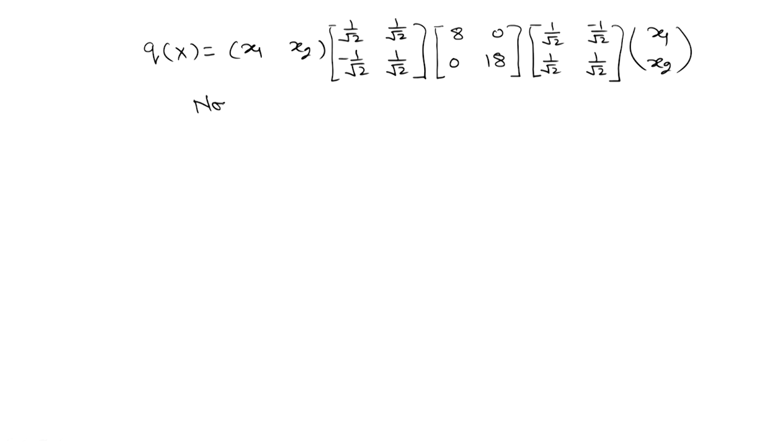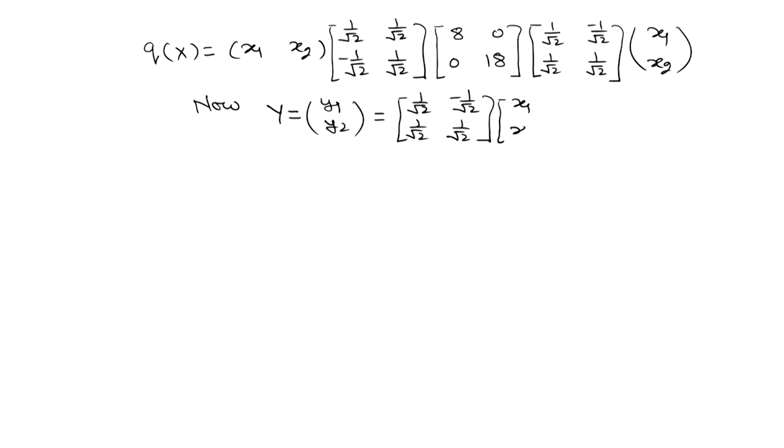So, now assume another vector y, which is [y1 y2], this equals Q transpose into x, where x is [x1 x2]. So, basically my y1 is 1 by root 2 x1 minus 1 by root 2 x2, and y2 is 1 by root 2 x1 plus 1 by root 2 x2.